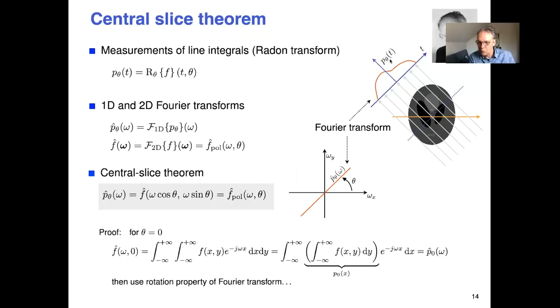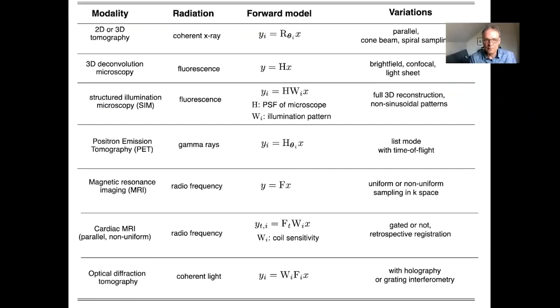So it's exactly this projection at angle 0, and I call that P0 of x. And then this is just a Fourier integral, so you can read it off. This gives you the Fourier transform of this projection. Then you can use the fact that if you rotate an image, it corresponds to a rotation in the Fourier domain, and you can generalize the argument for any angle.